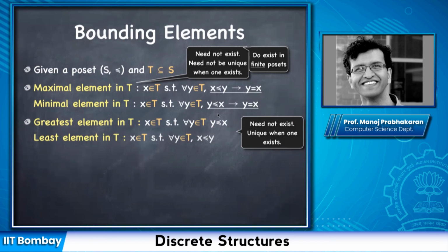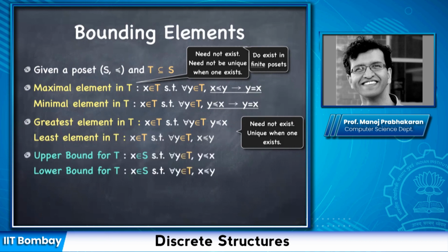What I want to define now is a notion of a bounding element. So I'll define an upper bound for the subset T as an element which is possibly outside of T. It's an element in S such that it's almost the same definition as the greatest element in T, right?